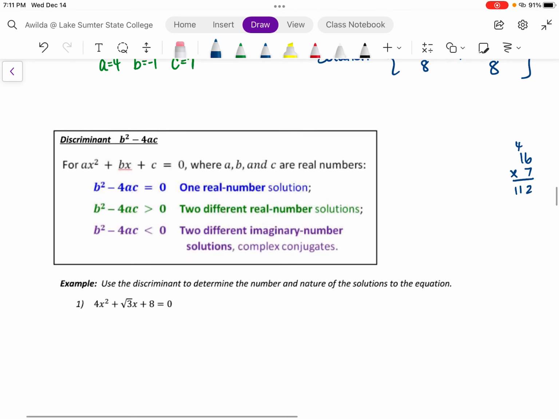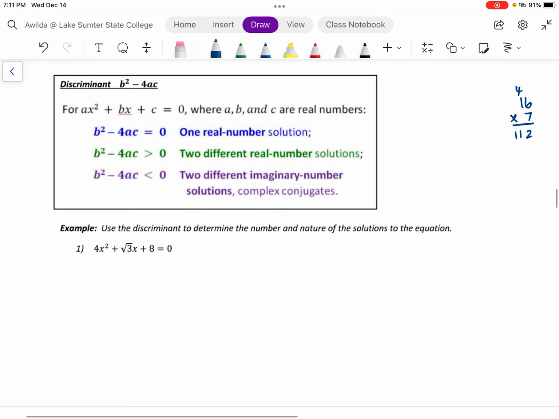Using the discriminant alone, we can predict how many solutions there will be to a quadratic equation without having to solve entirely. For example, 4x squared plus the square root of 3 times x plus 8 is equal to 0. Here we have that a is equal to +4, b is equal to the square root of 3, and c is equal to +8.